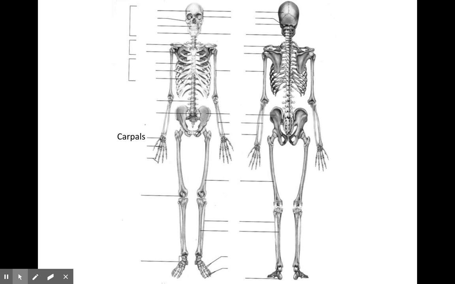Your wrists are made up of a number of bones. These bones are called carpals, metacarpals, and phalanges are fingers. Patella is the kneecap. And then we have tarsals. So you drive your car with your carpals, walk on the tar with your tarsals. Calcaneus is your heel. Phalanges for toes.